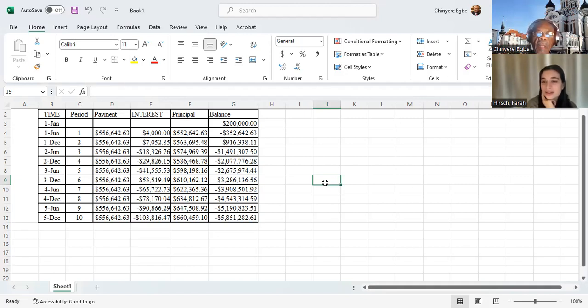Okay. And so the 12% will be divided by 4, so 0.12 over 4 is 0.03, plus 1, to the power minus 5 years, so the power minus 20.